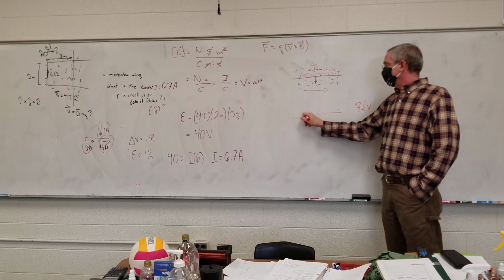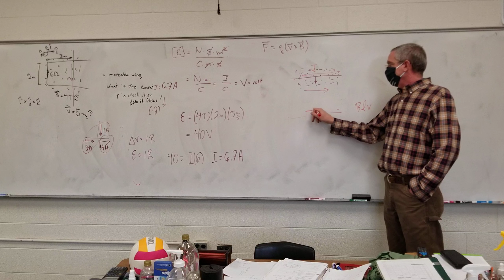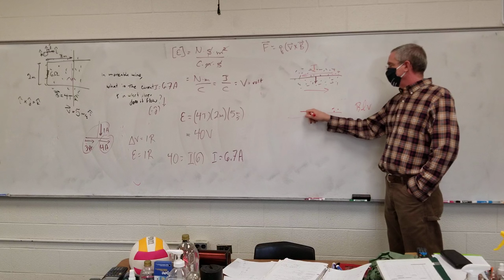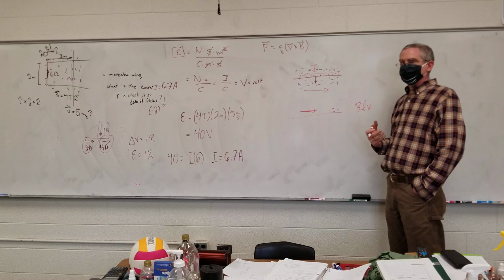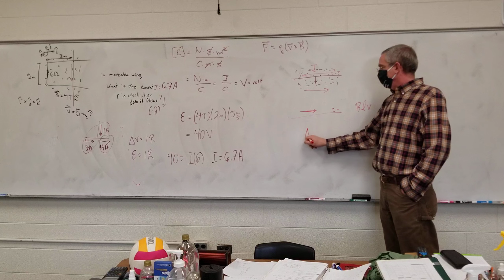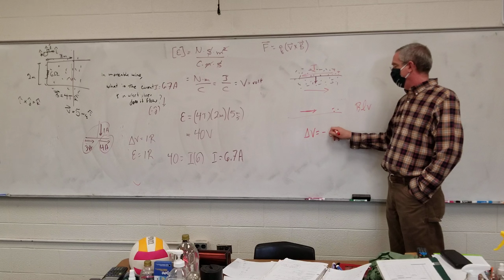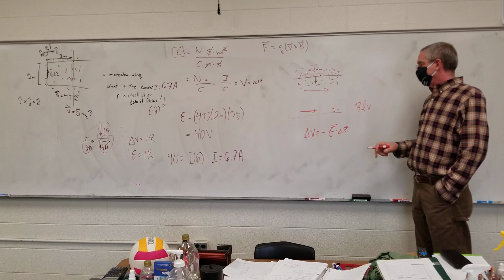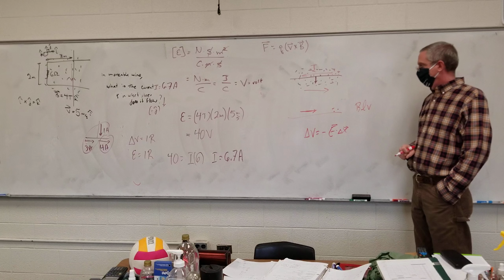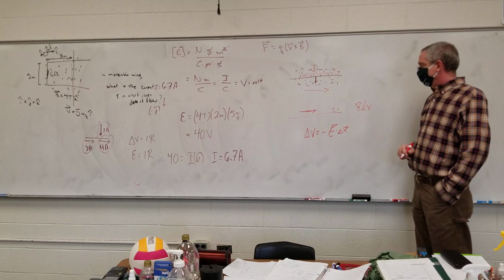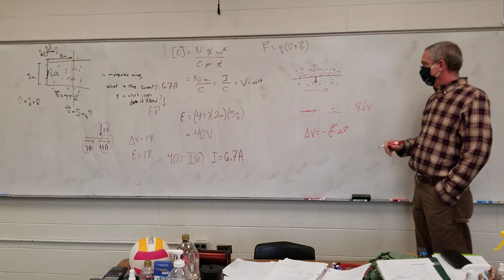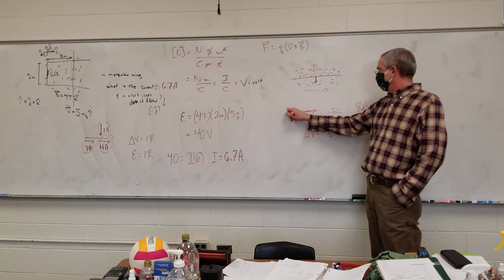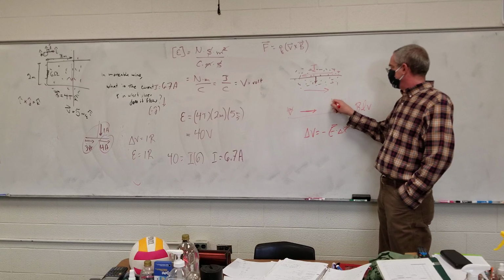When the charge shows up over there, we now have a net electric field pointing off to the right. The more charges that show up over here, the bigger that net electric field is pointing off that way. I know that there's a change of potential that's very much related to that electric field. So as it starts to drop, this is the low potential and this is the high potential.